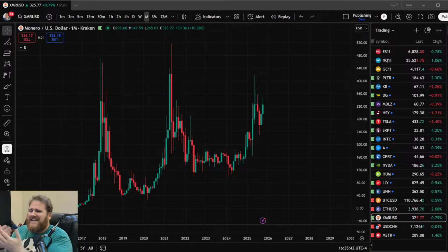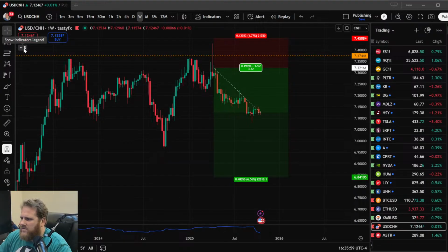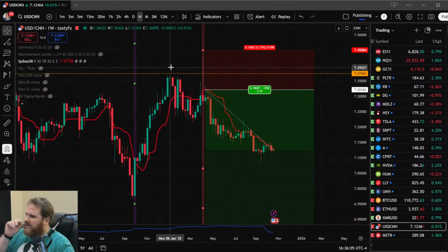Okay. And then if I look at a daily chart, it's still going to be useful because it's going to be looking at, again, the daily bars. So I do absolutely incorporate average true range, especially in my spike indicator. Like for instance, dollar Chinese yuan, dollar yuan.